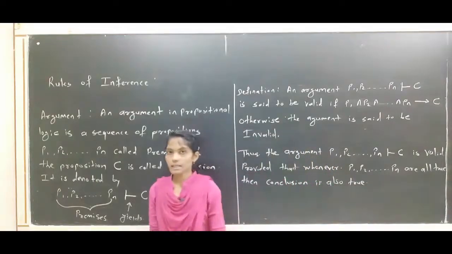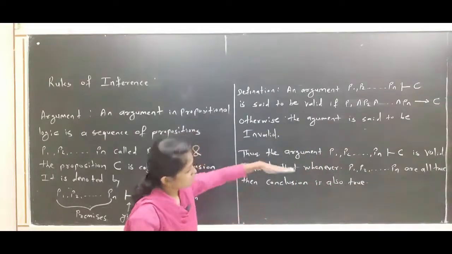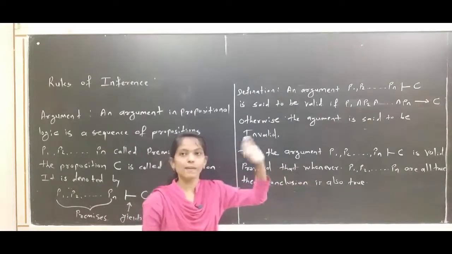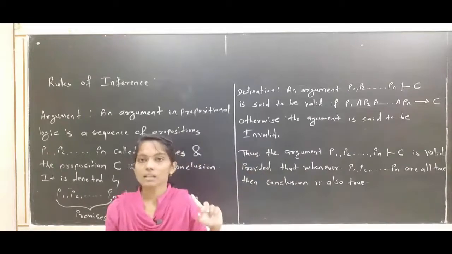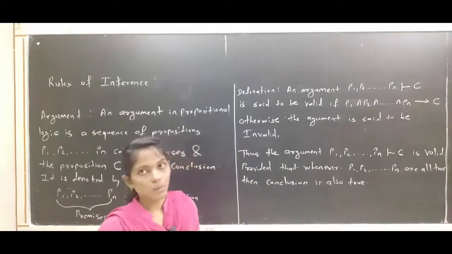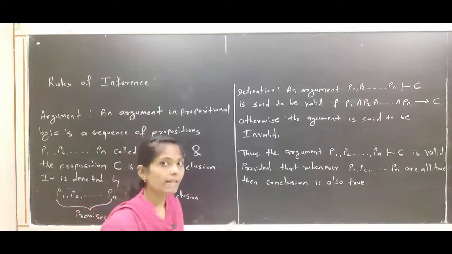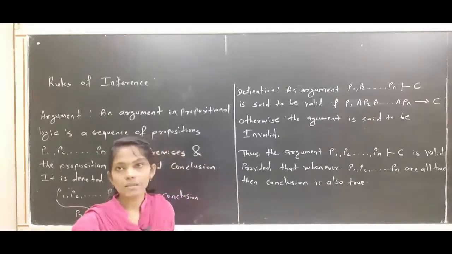That means if all premises are true, then the conclusion is also true. Then and only then we say that the given argument is valid; otherwise it is invalid, and an invalid argument is called a fallacy.